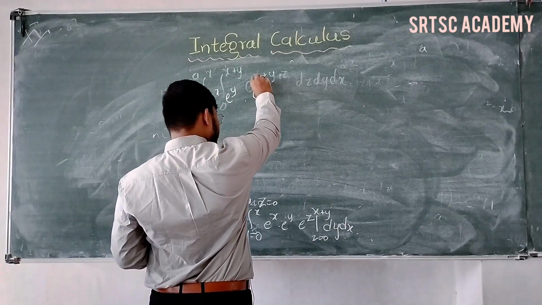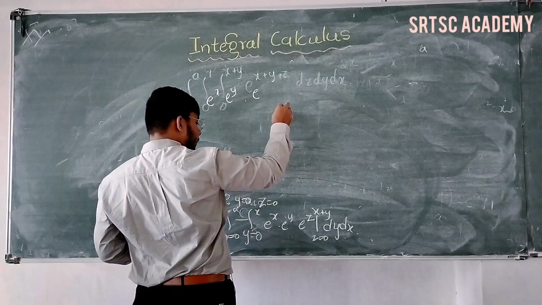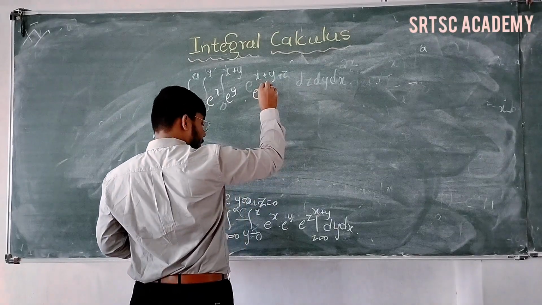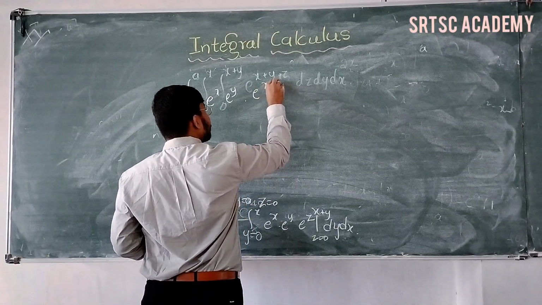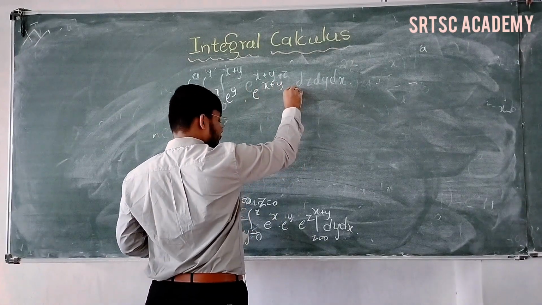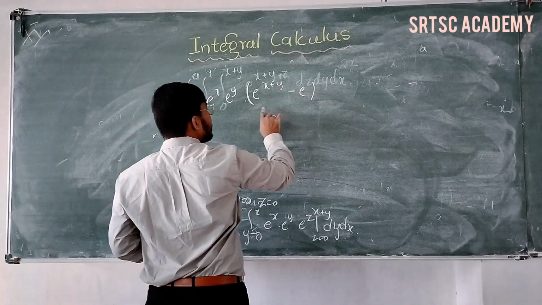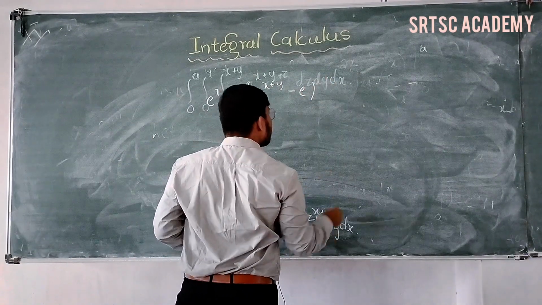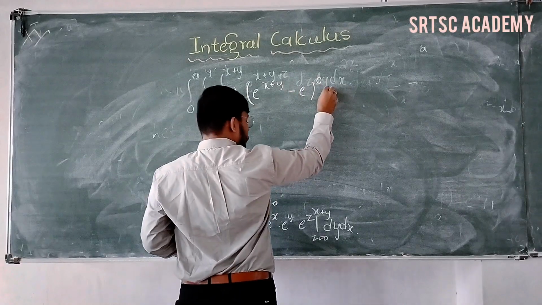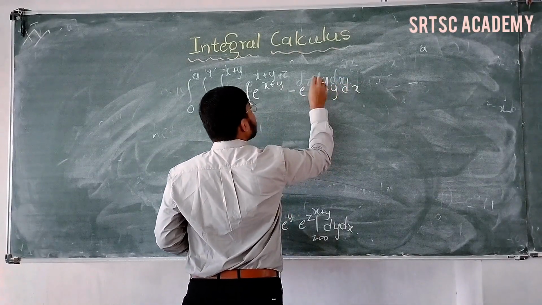First, what we have to do? Apply the upper limit. It becomes what? E to the power x plus y minus e to the power, what? E to the power 0, right? E to the power 0. Then we have to integrate it with respect to y and x.